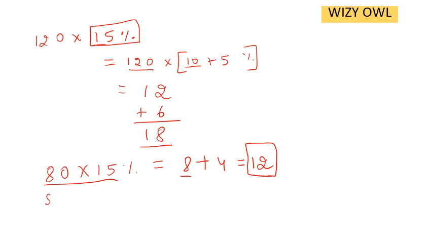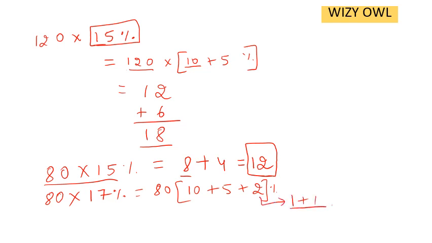Now let's see one other example where you have to find 17% of 80. To find 17% of 80, you will split this 17 in the form of 10 plus 5 plus 2%. This 2 can again be split as 1 plus 1%. Now let's find 10% of 80, that is 8.